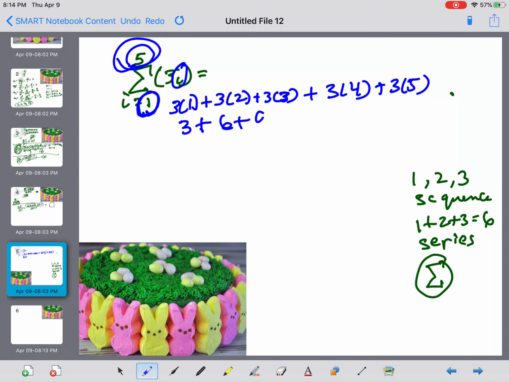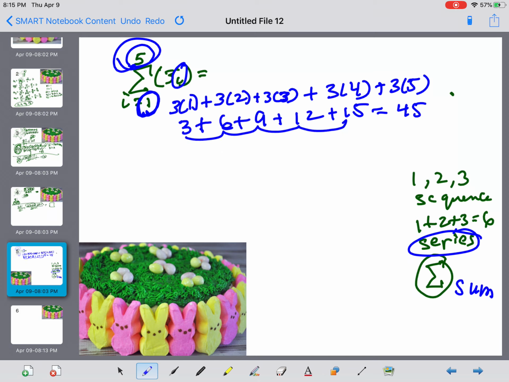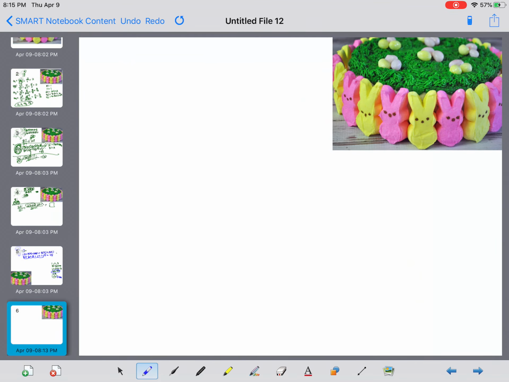And so now I have a series of numbers 3, 6, 9, 12, 15, and when I'm adding it together, you get a sum and you would add all of those up, and it should add up to 45. Okay, and by the way, this is an arithmetic sequence, which later on I'll teach you a formula for arithmetic.